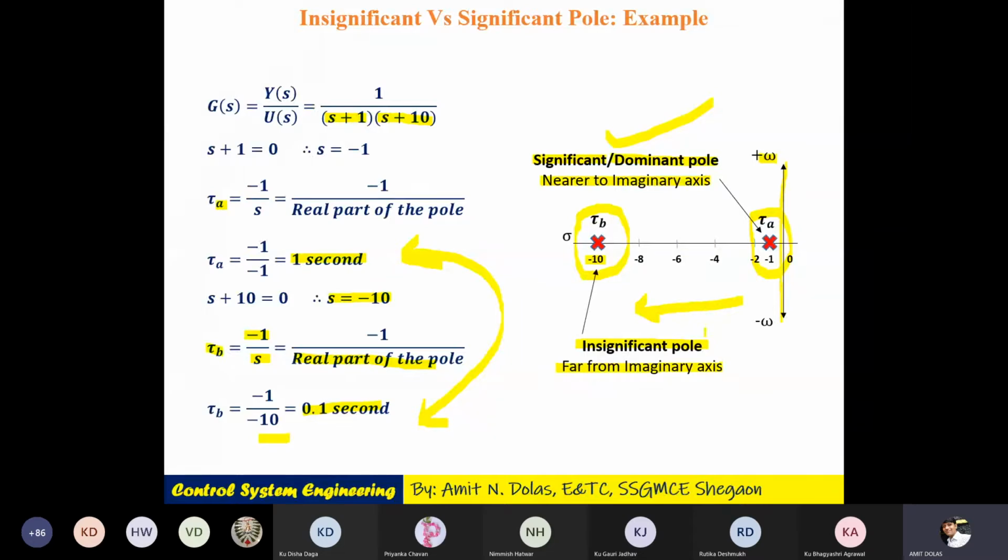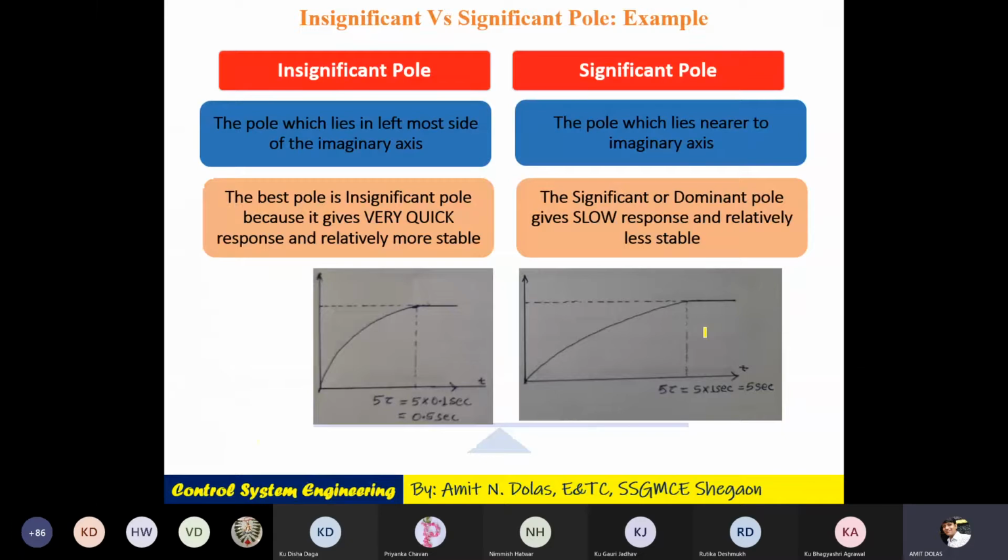Let's come to an example. What is the use of this? First of all, we will compare that is insignificant pole versus significant pole. So the pole which lies in the leftmost side of the imaginary axis is called insignificant pole. The pole which lies nearer to the imaginary axis is called significant pole.